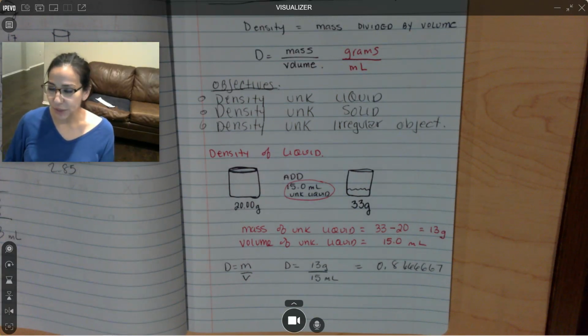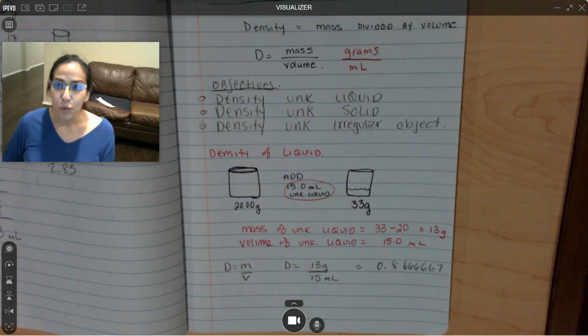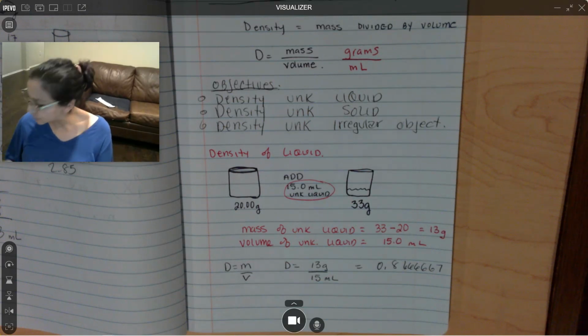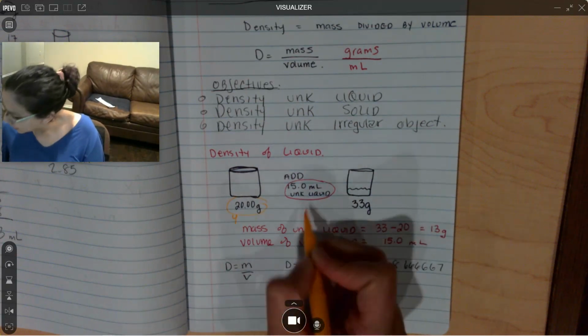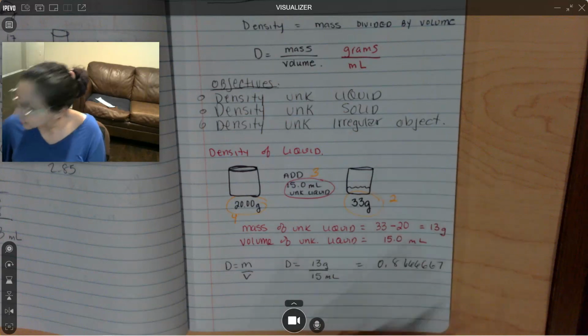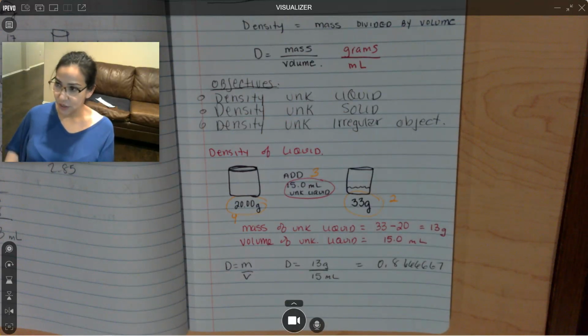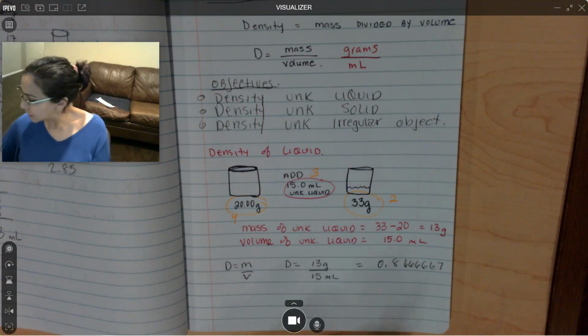Since this is a multiplication and division problem, we go by the least amount of significant figures given to us. This one has 4 significant figures, this one has 3, and that one has 2. Therefore, my answer is going to be reported in 2 significant figures.